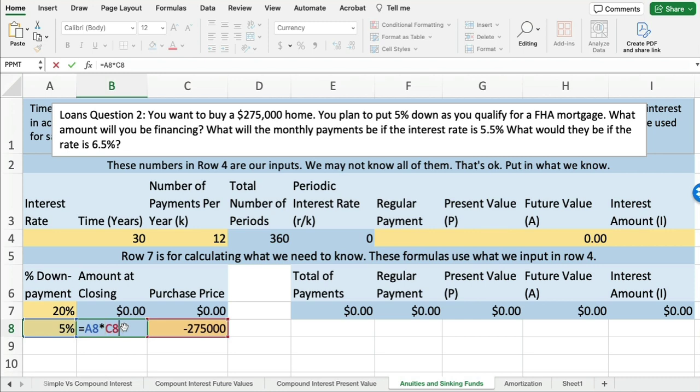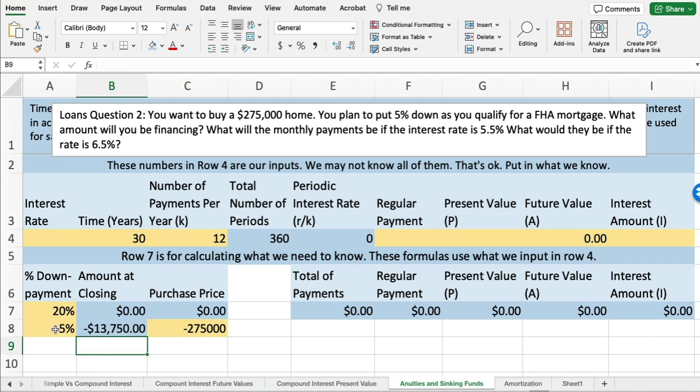It's the percentage that we put into cell A8 times the purchase price of the home, C8. So if we're putting 5% down, 5% of 275,000 is 13,750. So keep that number in mind.